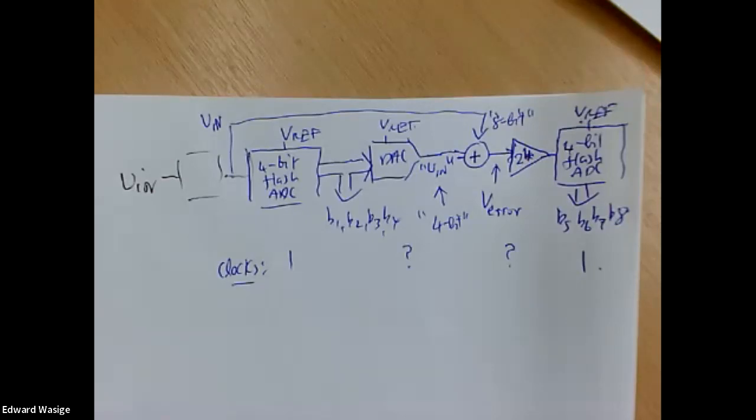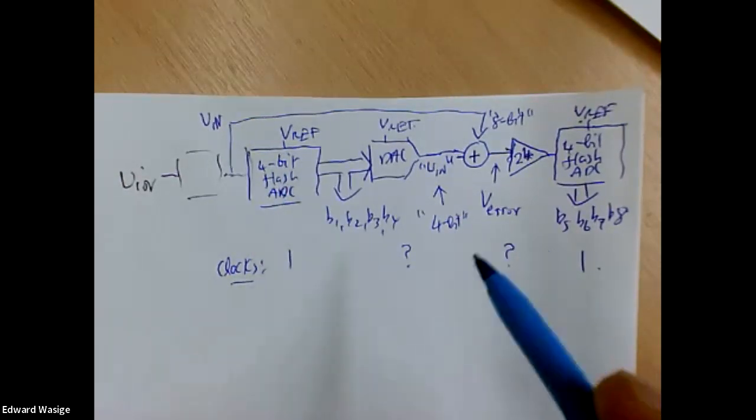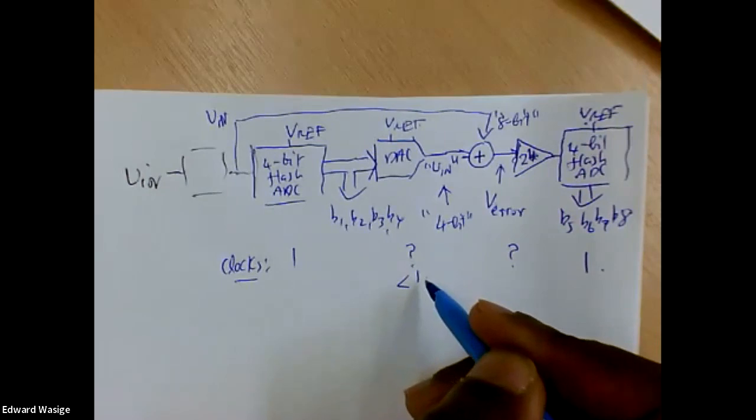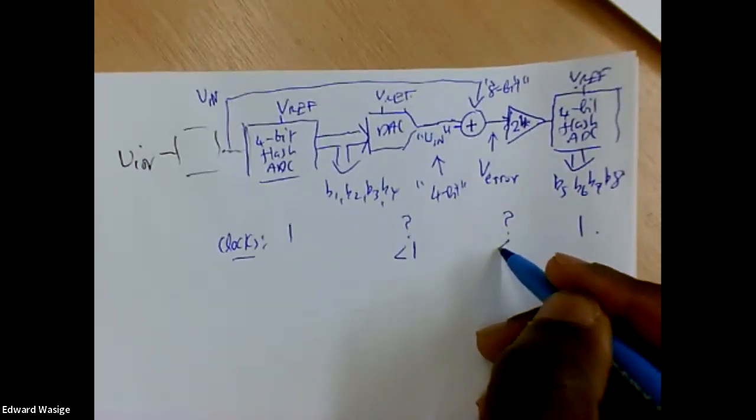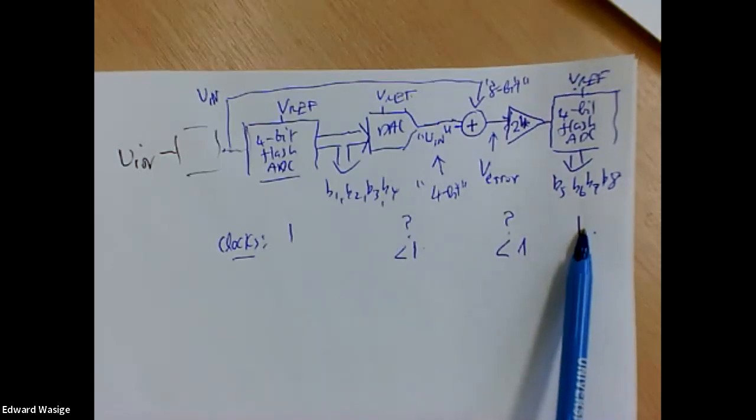For the ADC, for the flash one, we need only 1 clock cycle. I would say this is less than 1 clock cycle. That's also less than 1 clock cycle. For the DACs, the conversion, you could say it's instantaneous, but not quite, because the signal needs to travel through the op-amp or the comparator. But it's pretty fast.